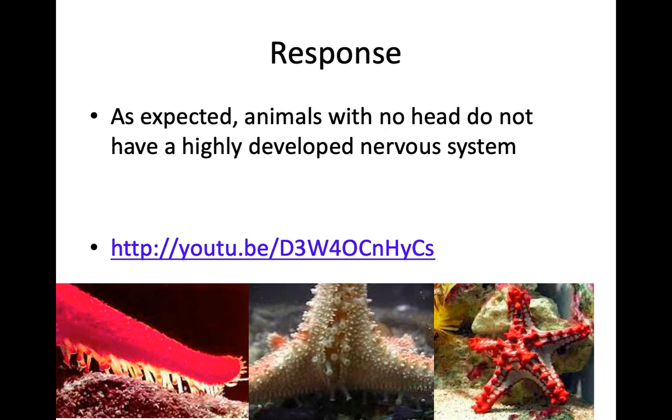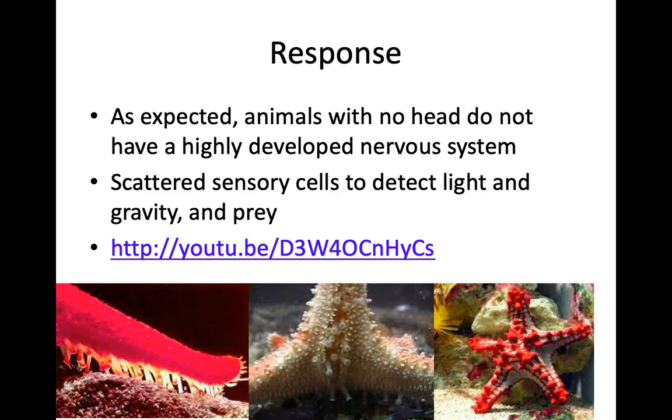Instead, a lot of echinoderms have little sensory cells scattered throughout their body, and that can provide them the ability to detect things like light or gravity or certain chemicals that are released by potential prey that they'd like to eat. But for the most part, echinoderms don't have a very extensive nervous system because they don't really have a centralized, localized head area.